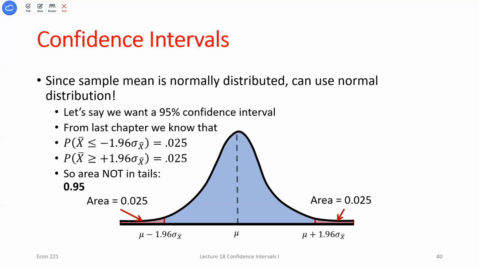If I then say I saw something over here, this is my sample mean, I build my confidence interval around that. I add 1.96 standard deviations to get my upper bound, the upper limit on my range, and subtract that many standard deviations to get the lower limit.